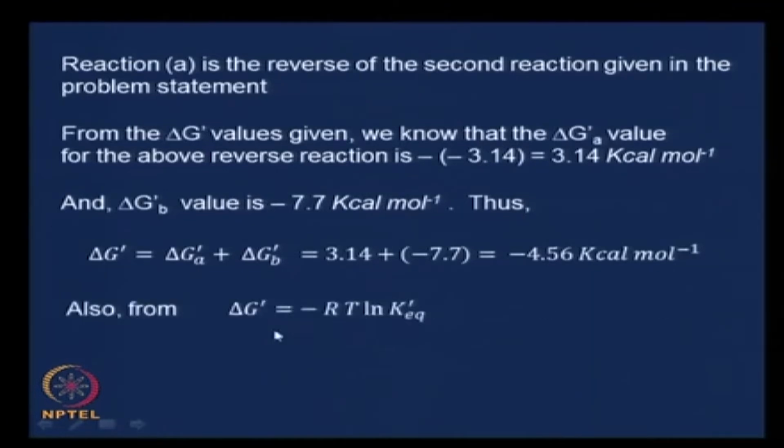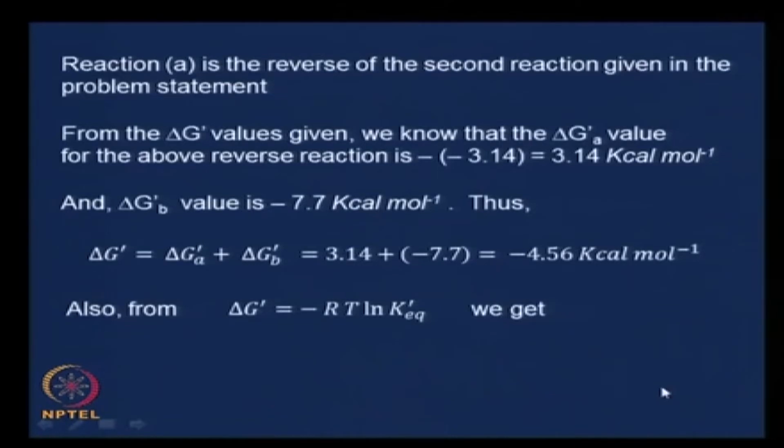Also, from delta G dash equals minus RT ln K equilibrium dash, which we derived in one of the earlier lectures, we used this equation extensively subsequently, but this equation itself was known to you from earlier classes.